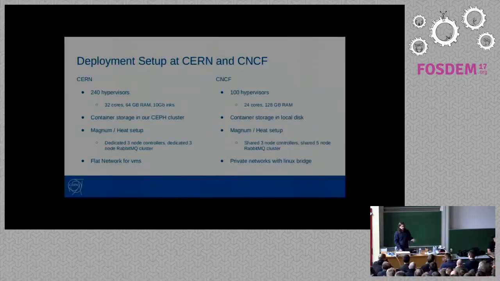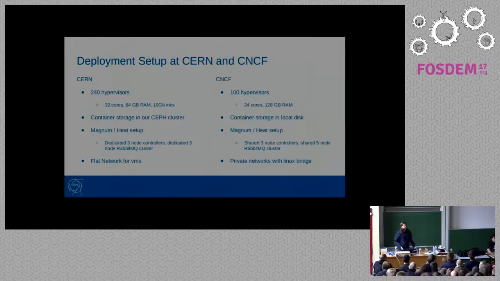So we did the test in two data centers, one at CERN and one at the CNCF cluster in Las Vegas. Our deployment has 240 hypervisors with 32 cores, 100 hypervisors at CNCF. We used a similar configuration for Magnum and Heat. Heat is the orchestration service. At CERN, we used our production service, so we have more controllers for RabbitMQ, which is heavily used when you create clusters.